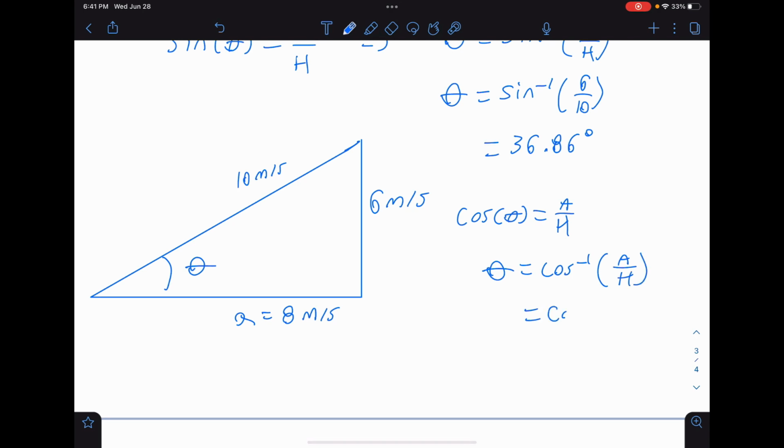And that is the inverse cosine of what's adjacent? 8 there, divided by 10. So we should get 36.86, the same angle, but using a different function, using a different side length. So do 8 divided by 10 in your calculator, and then press second function, and then press inverse cos, then equals. Look at that, 36.86.